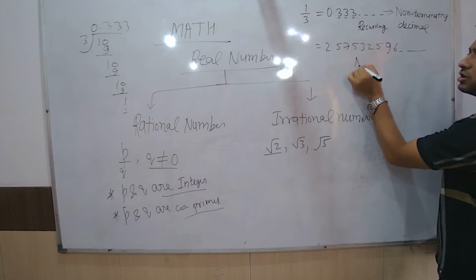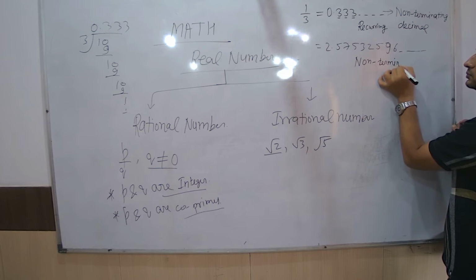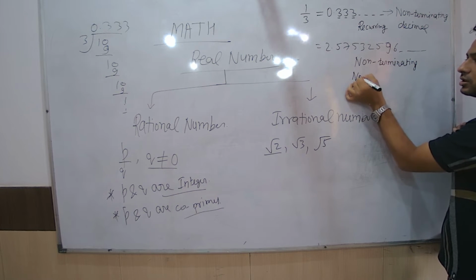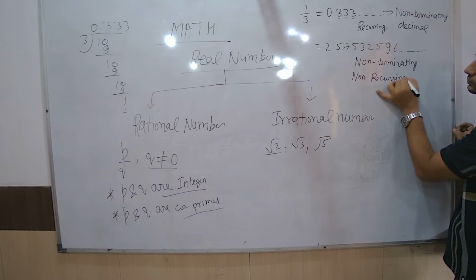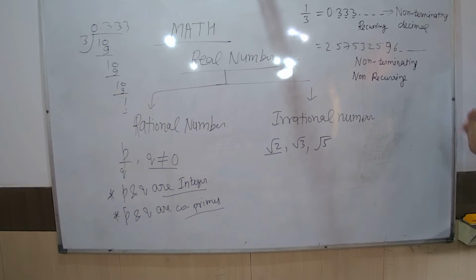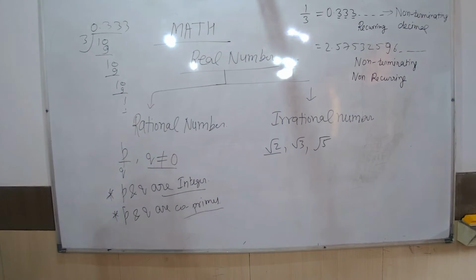Any confusion? No? Okay. In this case, can I say this is not terminating, non-terminating, and can I say this is non-recurring, okay. So first we have two definitions, terminating and non-terminating, clear?